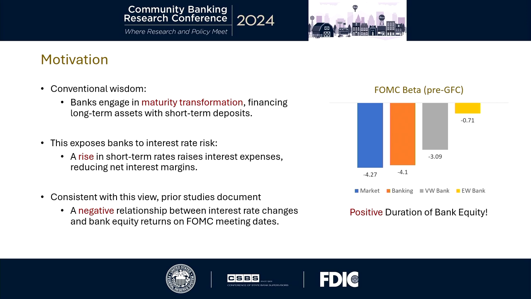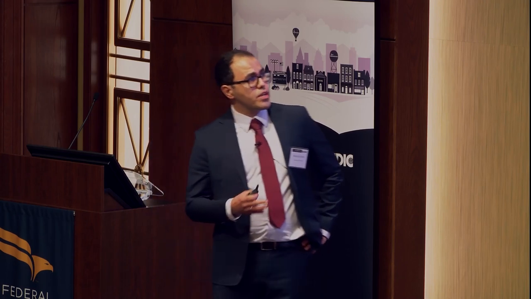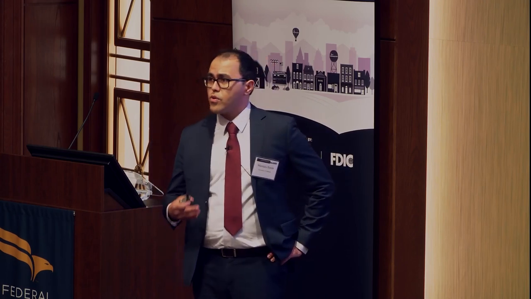One common way to quantify this effect is that researchers look at short-term rate changes, and on the following day the index return on bank stocks. This chart shows the bank index return following FOMC meeting dates, and to generate it we use the 2-year Treasury rate.